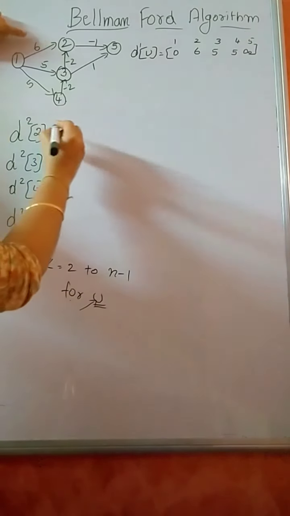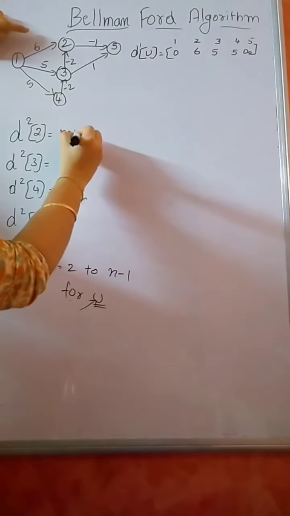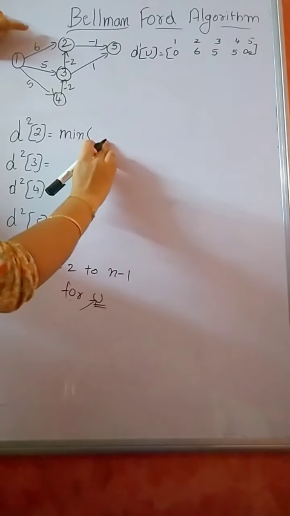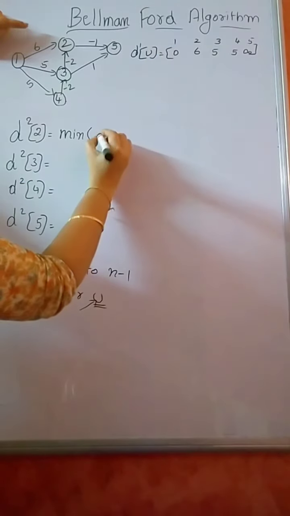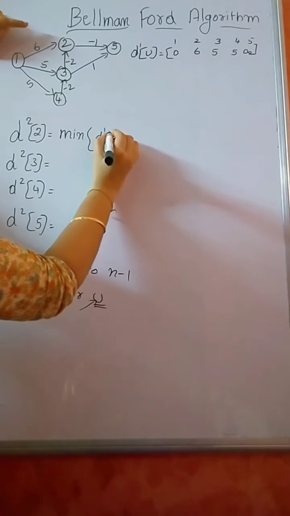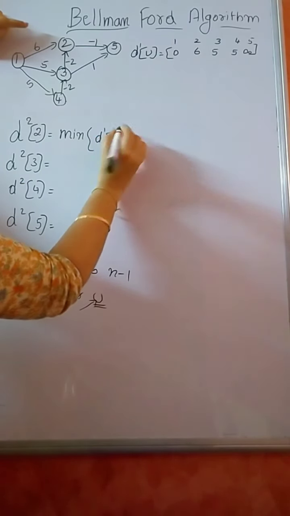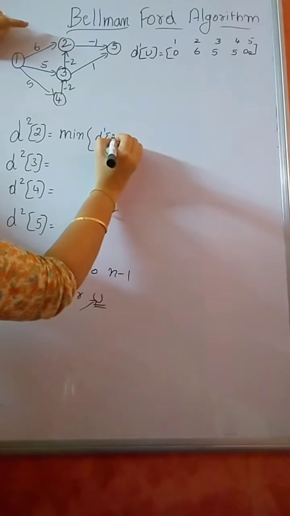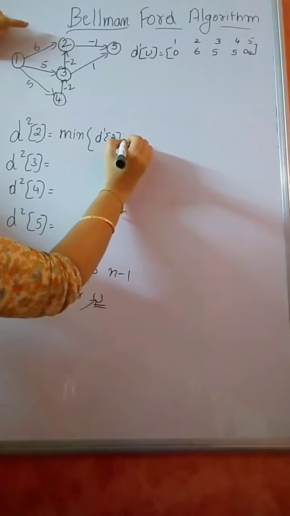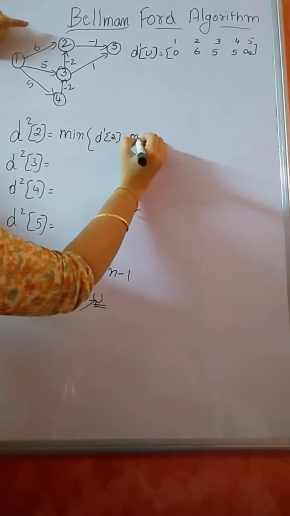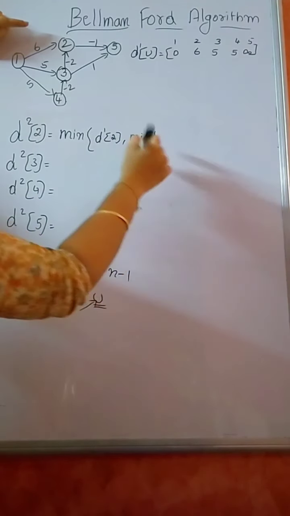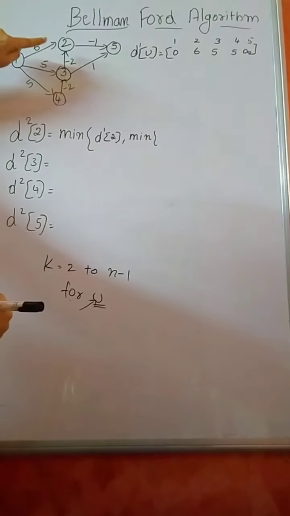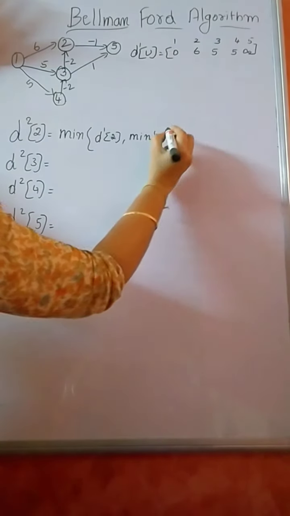According to your formula, it is min of the previous distance. What is the previous distance you are having to 2? That is 6. It is d1 of u, and u is nothing but 2. And min of, this is the formula I am writing, for each of the incoming edges. How many incoming edges you are having? You have to write it for that.